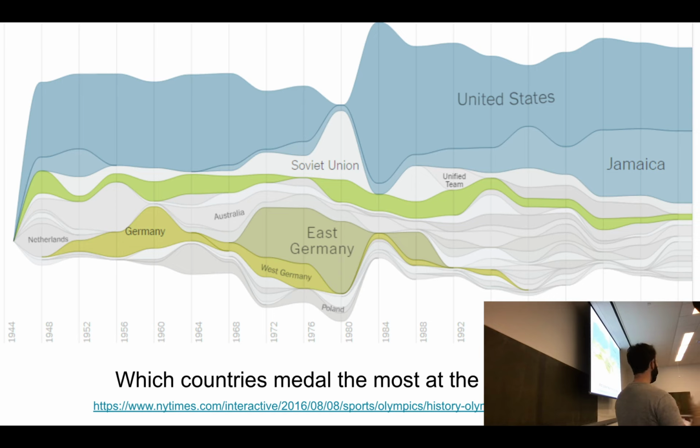I know that Jamaica and the U.S. are North American countries, and so they're both that color. Right? East-West Germany, they were special European countries, right? And then the other countries, they just fell into this gray, whitish bucket.